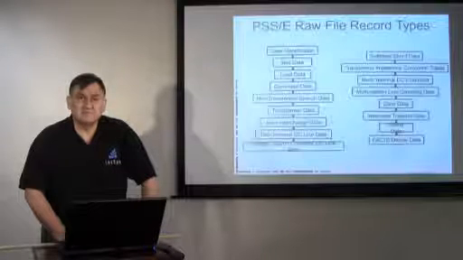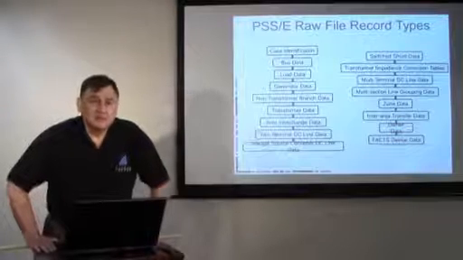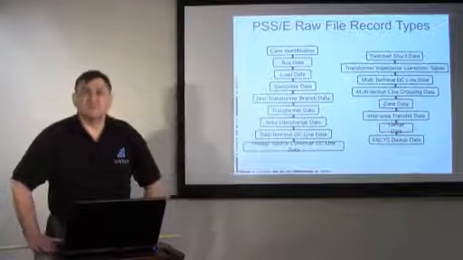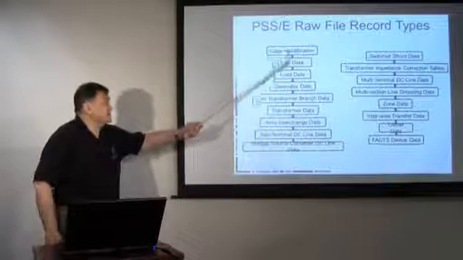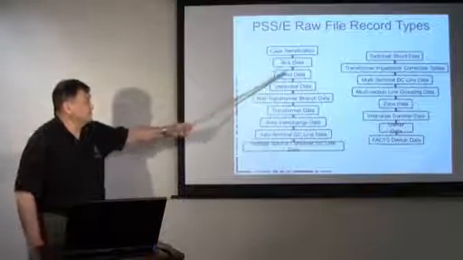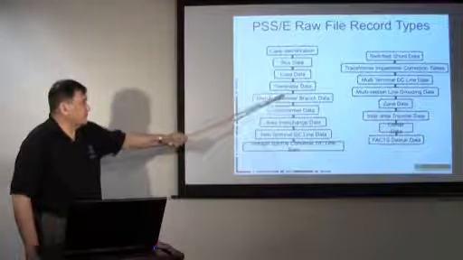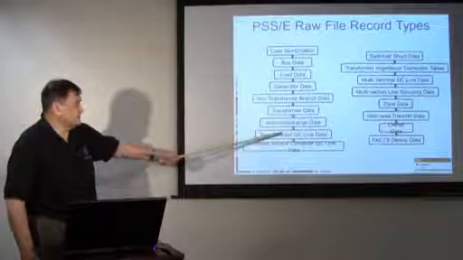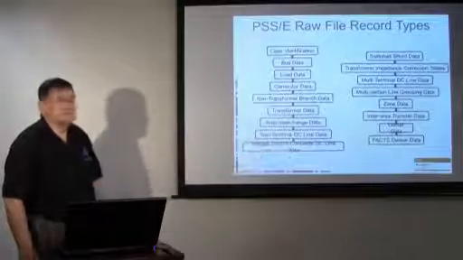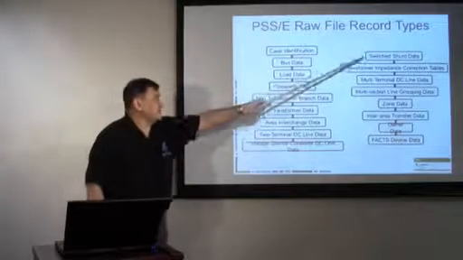So let's now turn and look at some of the different types of equipment models that are needed for planning. The PSSE raw file actually goes through a sequence. It starts out with the case identifier, and then it goes through the bus, the load, the generator, the branch data. These are lines, transformers, areas, DC lines, voltage sources, your shunt data.